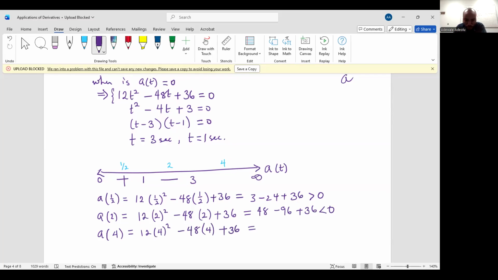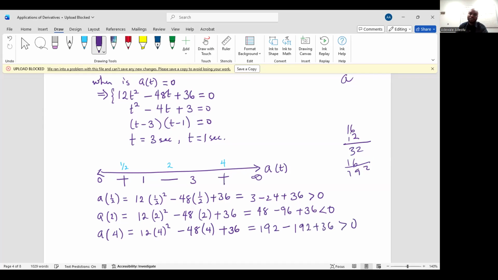That is 16 times 12, which is 192, minus 48 times 4, that is 96, plus 36. So in fact, that is positive.